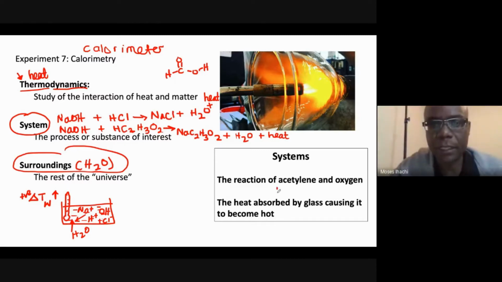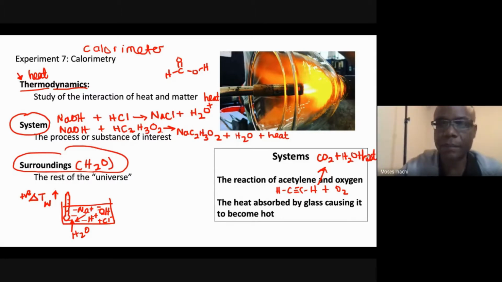Another reaction is where you have acetylene that bonds with oxygen to give you CO2, H2O, and the other product, physical product, heat.